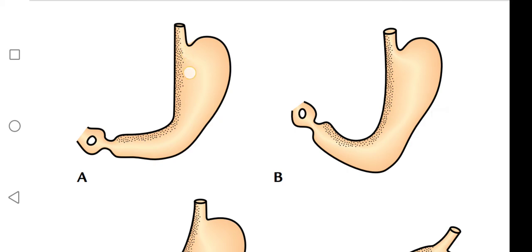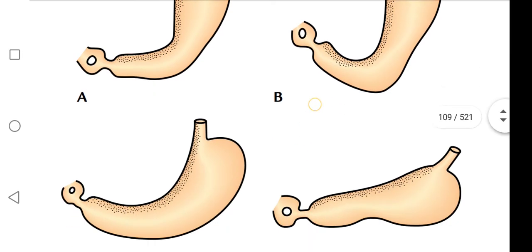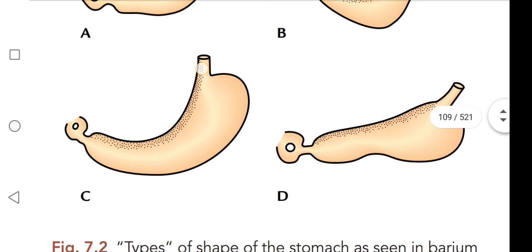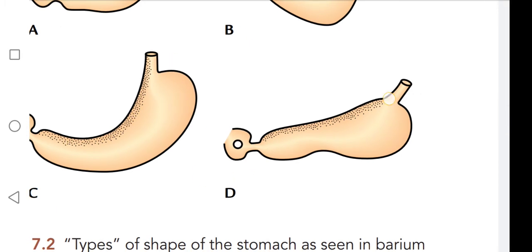If you observe, this is a reversed L shape stomach. If you see this diagram, this is J shaped. Next, coming to this diagram, this is semi-lunar shaped. This is stair horn shaped.